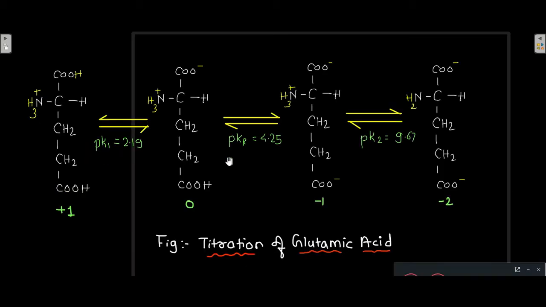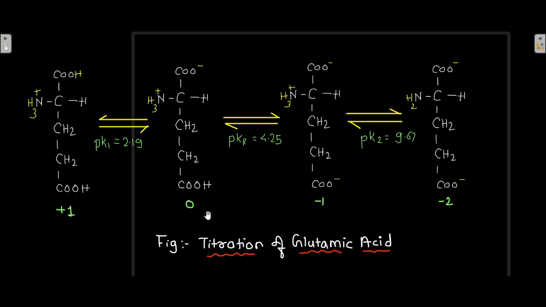So this is how it looks. At low pH, the net charge on the glutamic acid is +1, and the pKa1 value is 2.19. And as you add more base, as you increase pH, the carboxyl group is deprotonated, and now you have no charge on this molecule.